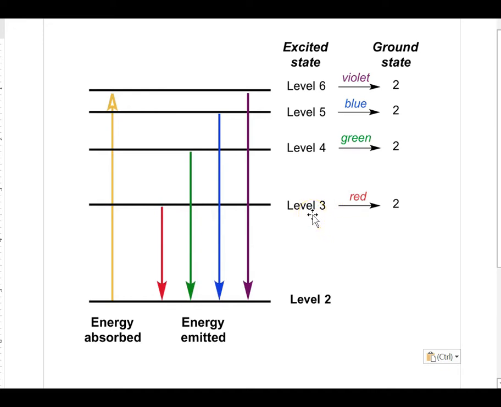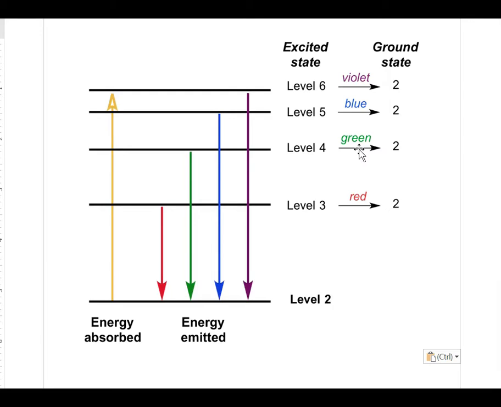So that is a smaller energy jump, so we are going to see a lower energy light like red. Let's say we had a bigger jump from a ground state of 2 to an excited state of 4. When that electron falls back to the ground state, we're going to see a little bit of a higher energy light. We might see something like green.